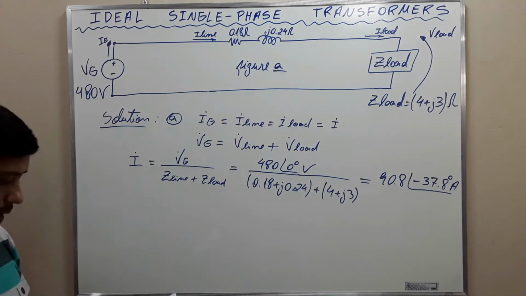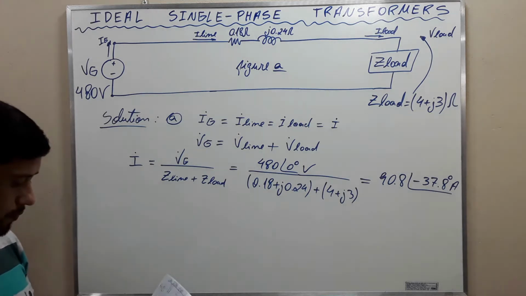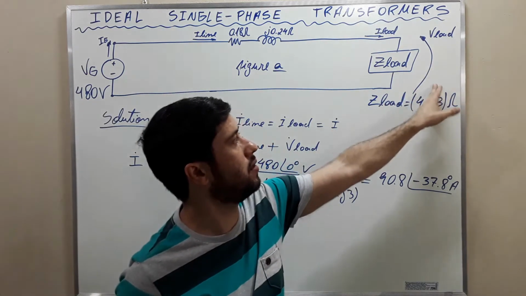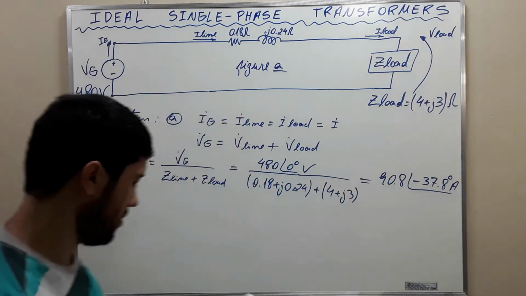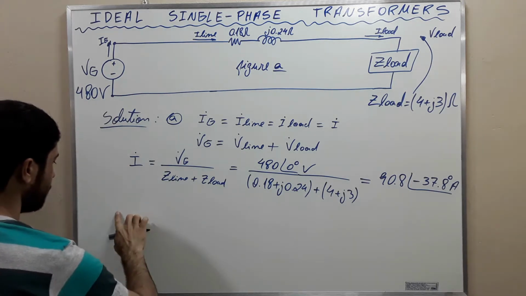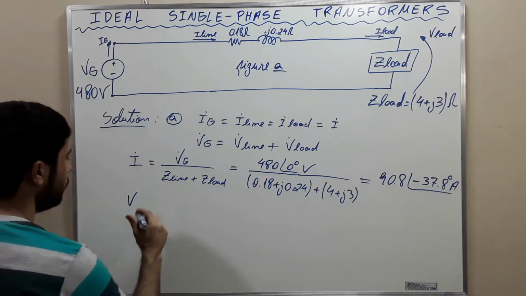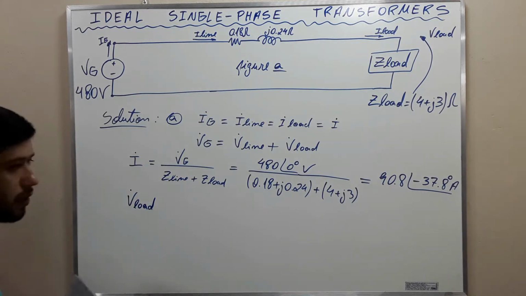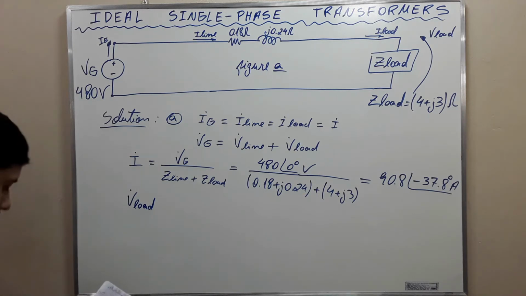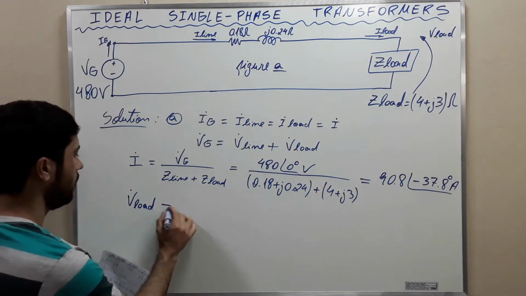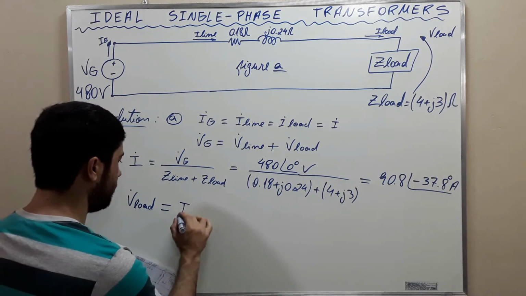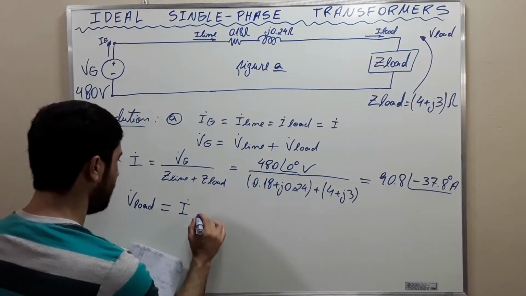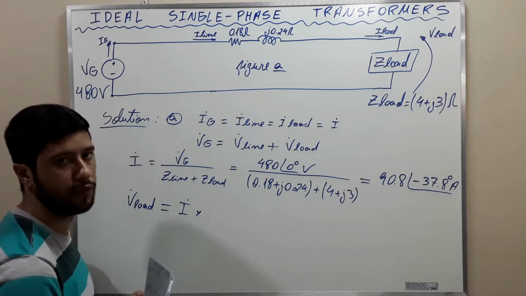Therefore, the voltage at the load will be V load, a phasor, equal to the current that we just calculated times the impedance of the load.